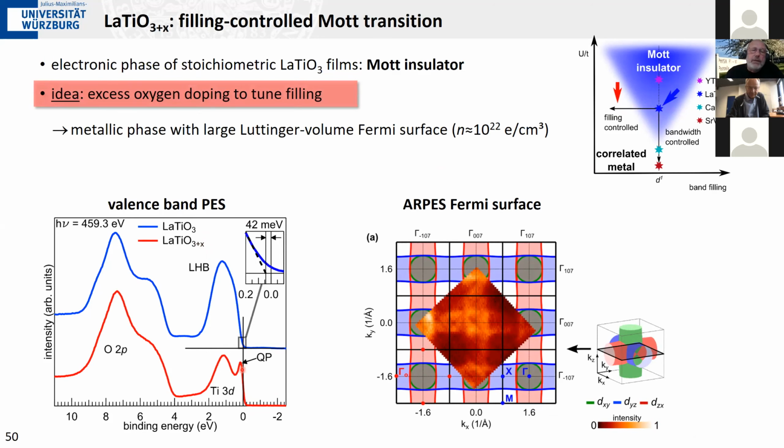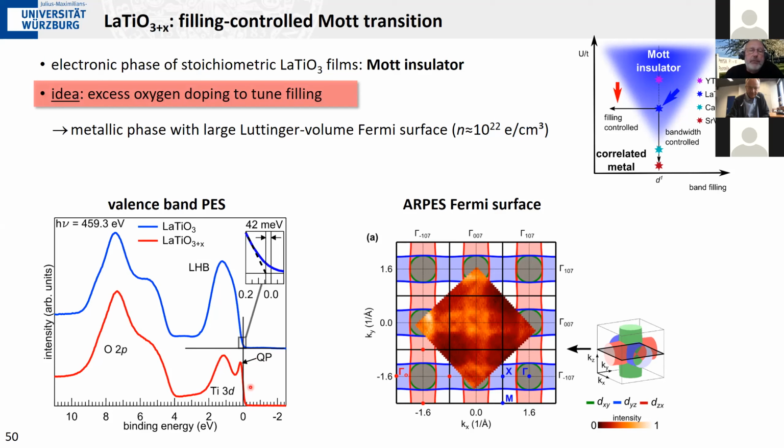If you do this, you find in the valence band that we have now a second peak popping up here. We have our original lower Hubbard band here, but now we have an additional quasi-particle peak. This is exactly what you would expect from the Hubbard model or from DMFT calculations of the Hubbard model. You have a lower Hubbard band, you have a quasi-particle peak, and you would have an empty upper Hubbard band, which of course we do not see in photoemission.